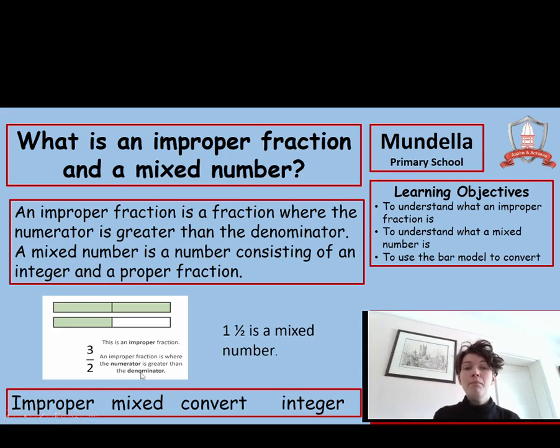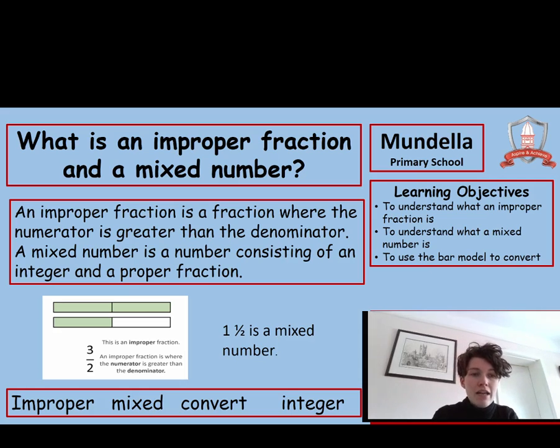A mixed number is a number consisting of an integer and a proper fraction. An integer is a whole number, okay? An integer is the mathematical term for a whole number. And a mixed number also includes a proper fraction.